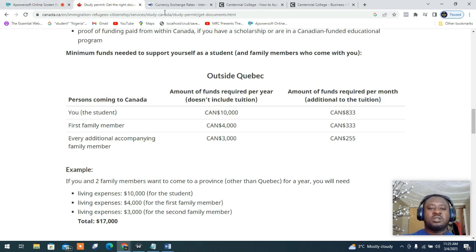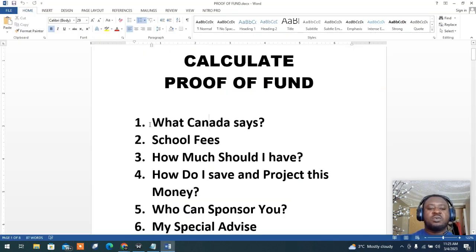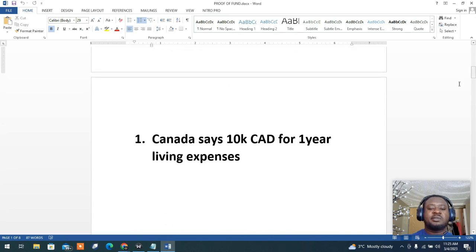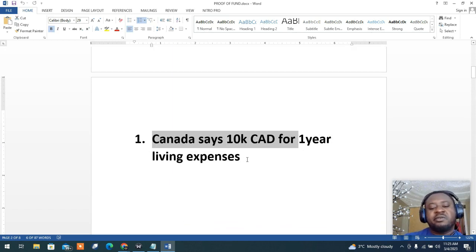Having said that, we know that Canada says you should have 10,000 Canadian dollars for one year of living expenses. So that is that.